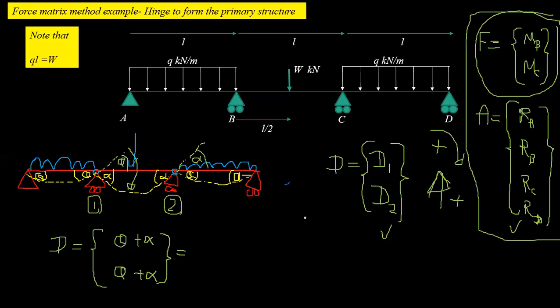So we can go ahead and write theta is QL cube over 24 EI, and alpha is WL squared over 16 EI.